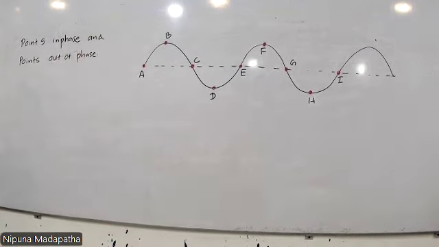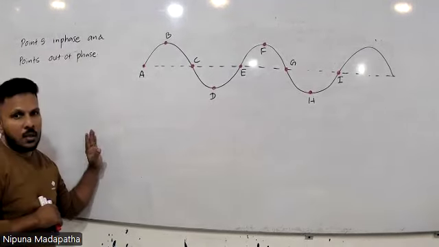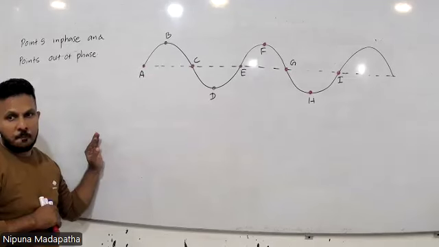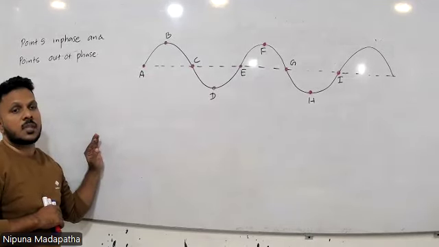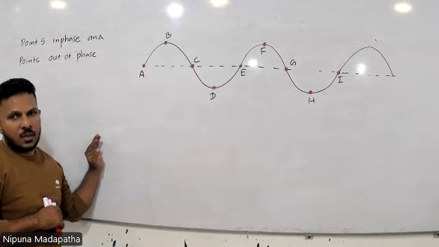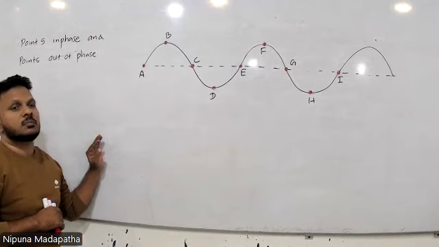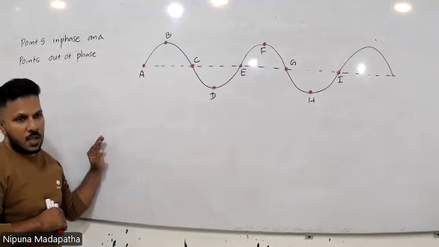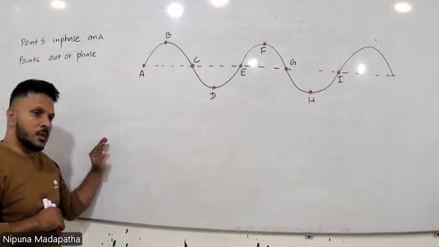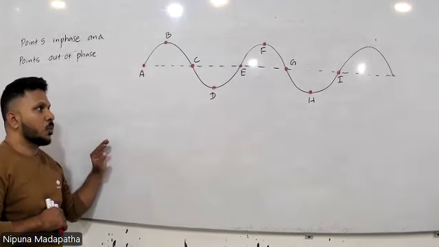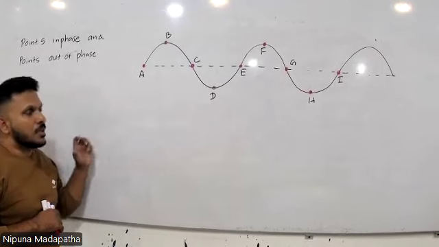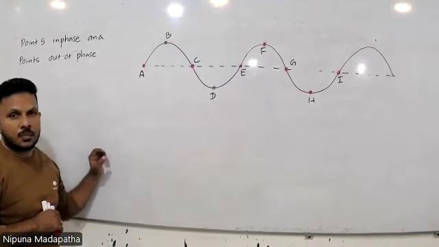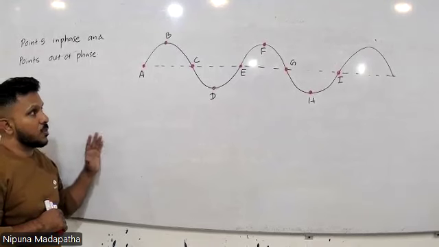What are the in phase points and out of phase points in a wave? In phase means they have the same kind of motion. The points which have the same kind of motion are in phase, so we can easily identify in phase points.